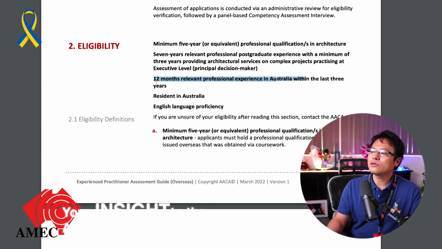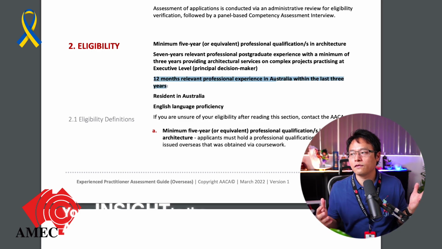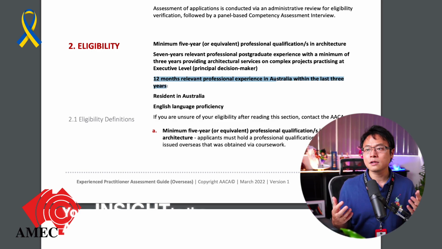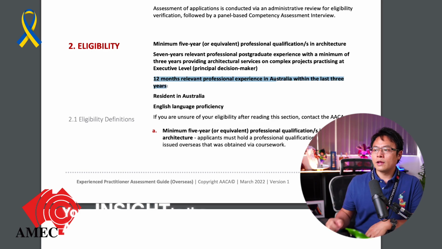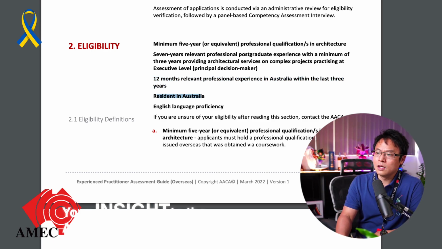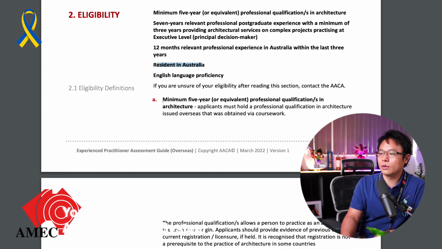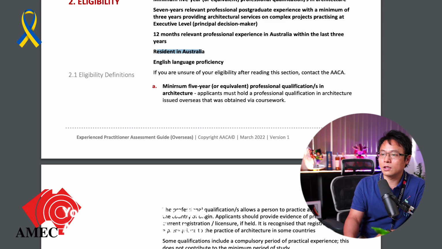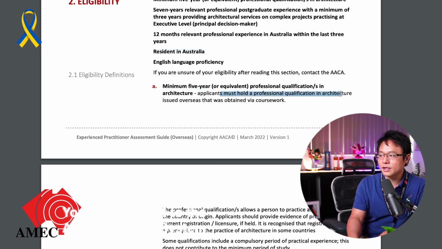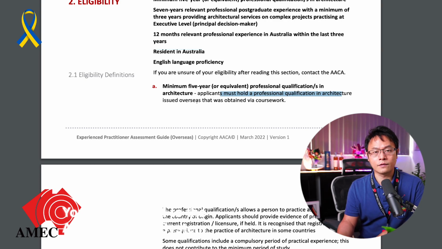Well, why would you do this one? I don't get this one, because if you're already working in Australia, obviously you will have some sort of visa, right? Not too sure why that would be there if they're residing in Australia. Anyway, here we go, a little bit of detail of definition. So, minimum 5 years, basically you hold whatever registration you have overseas.